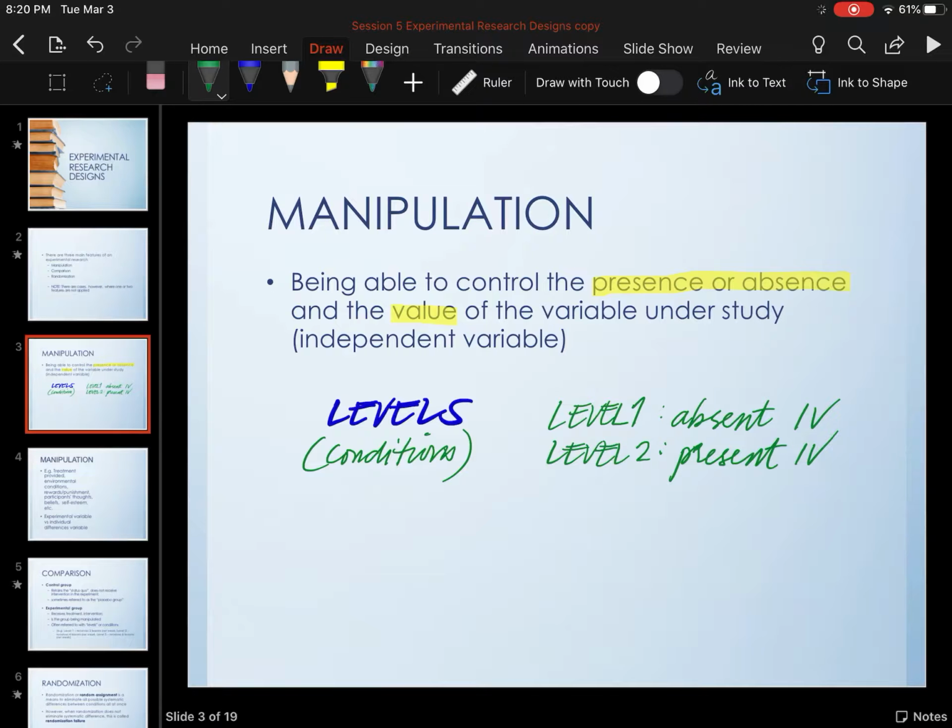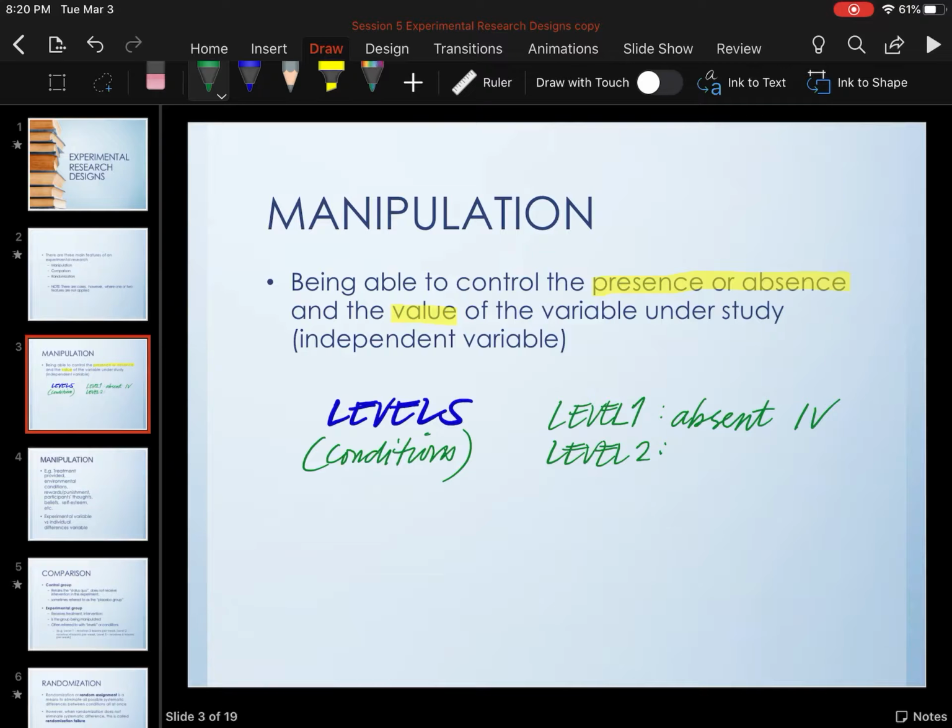However, in some cases, especially when you want to see how much time is needed for something to develop, you may have more than just two levels. So, in some cases, it's not just the presence or the absence of the IV.